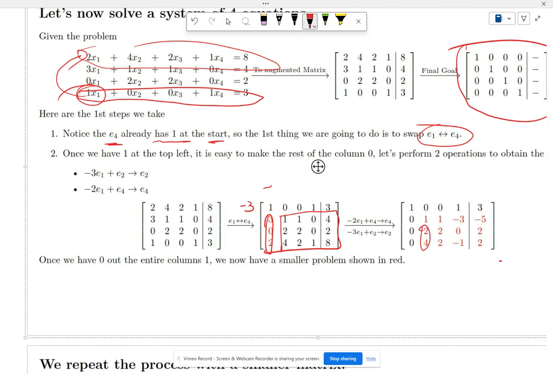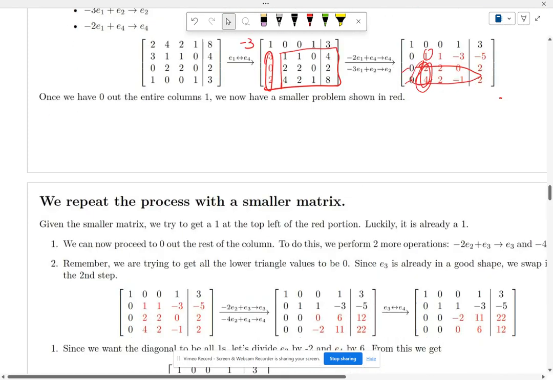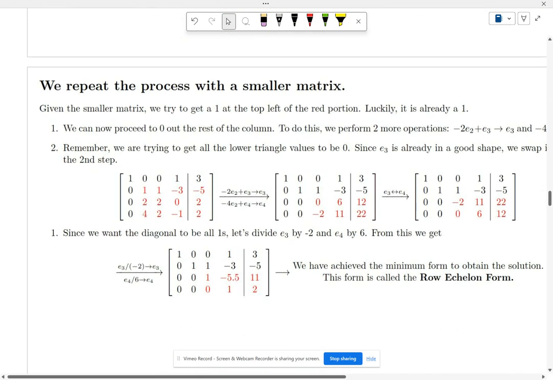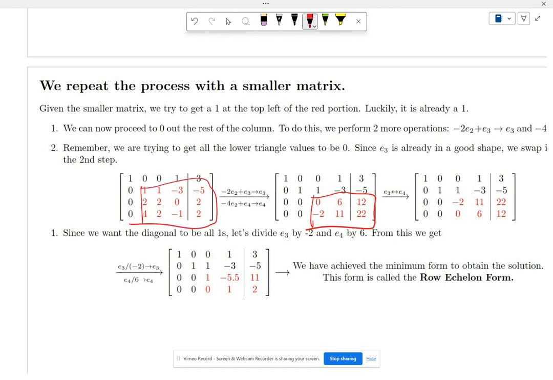Let's say I multiplied this by -2 and -4, and I zeroed these two rows out. Now all these are zeroed out, and you don't have to worry about this column anymore because they're all 0. Now you have an even smaller problem, and every single time it gets smaller and smaller.